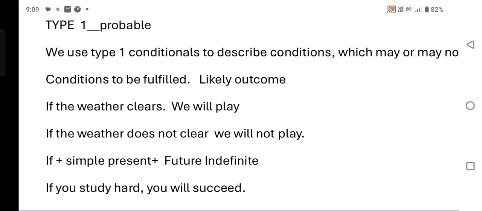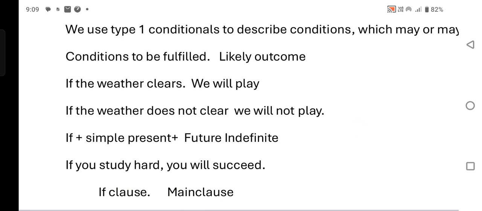If plus simple present tense. We discuss tense by tense. If plus simple present tense plus future indefinite. For example, if you study hard, you will succeed.